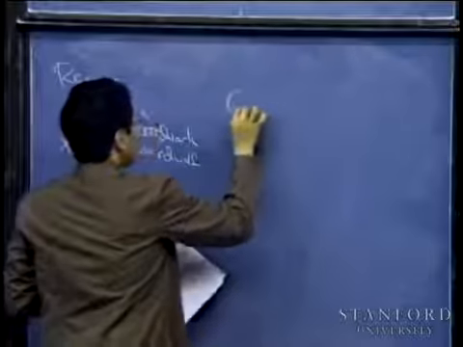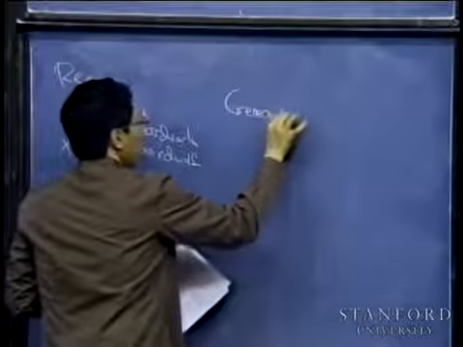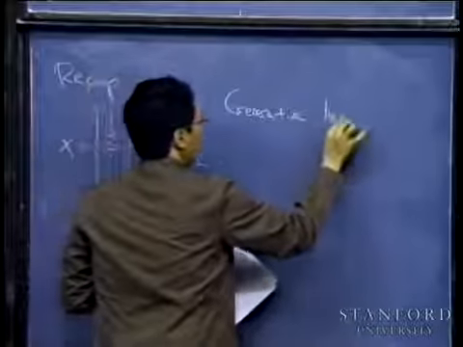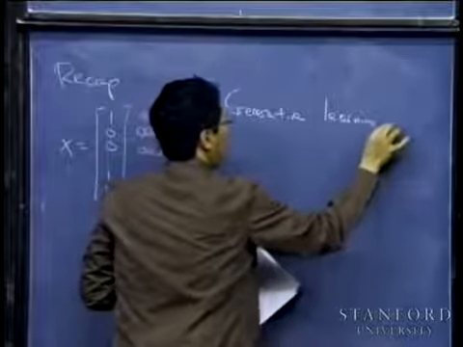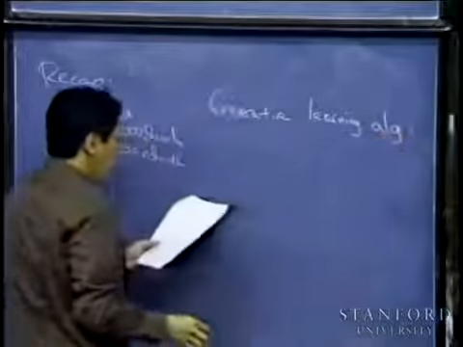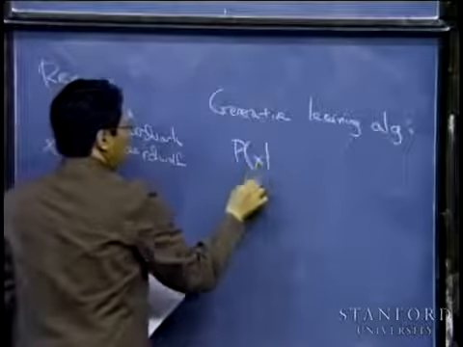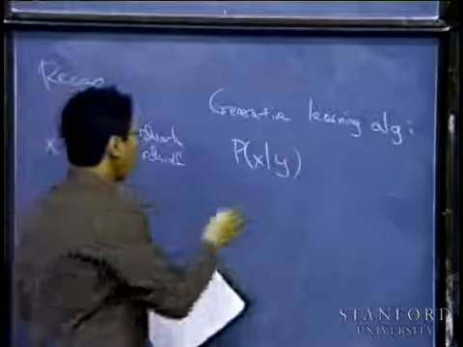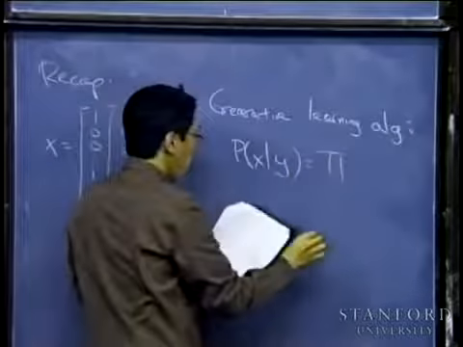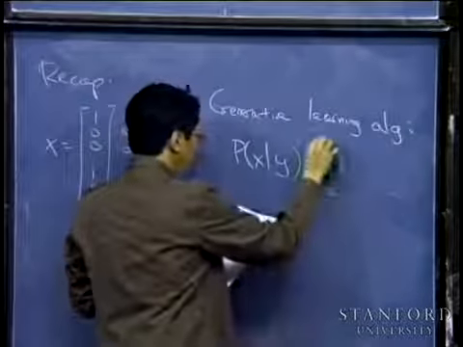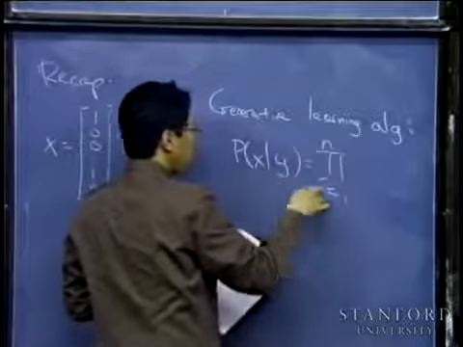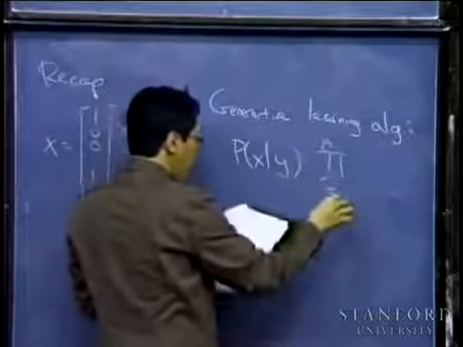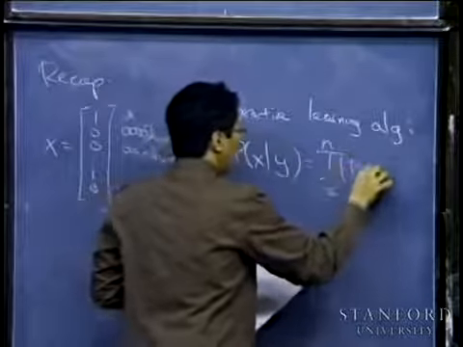And naive Bayes was a generative learning algorithm. And by that I mean an algorithm in which we model P of x given y. For naive Bayes specifically, we modeled it as the product from i equals 1 to n of P of xi given y.